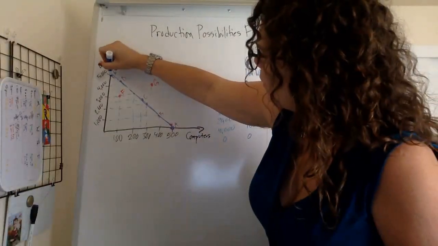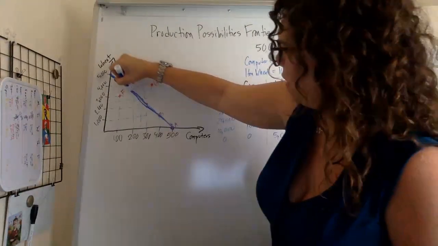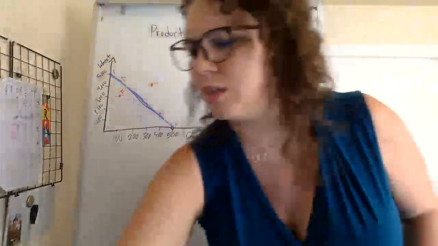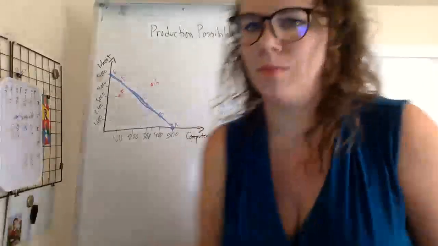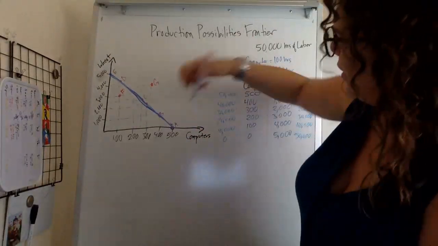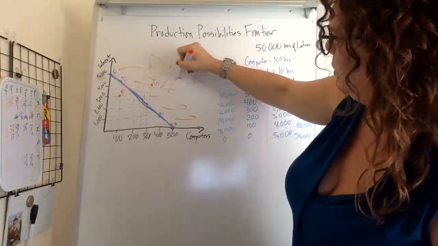So if this is our PPF, I'm going to take my beautiful graph and make it really ugly now. So if that's our production possibilities frontier, everything out here is impossible.